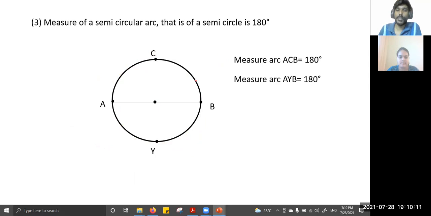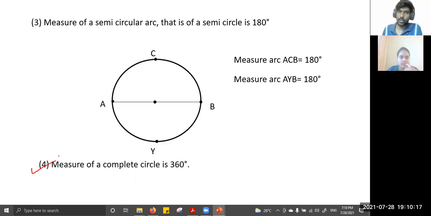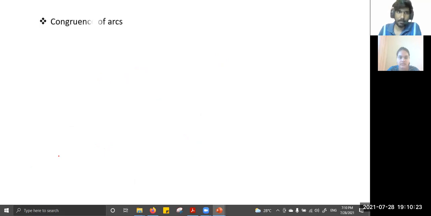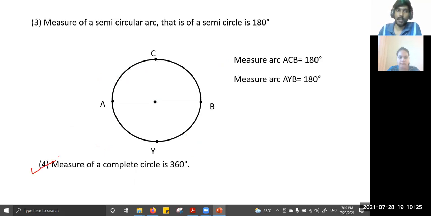So both of them will measure 180 degree. And the fourth point here, this you already know, the measure of a complete circle is 360 degree. Okay. These 4 points, is it clear?